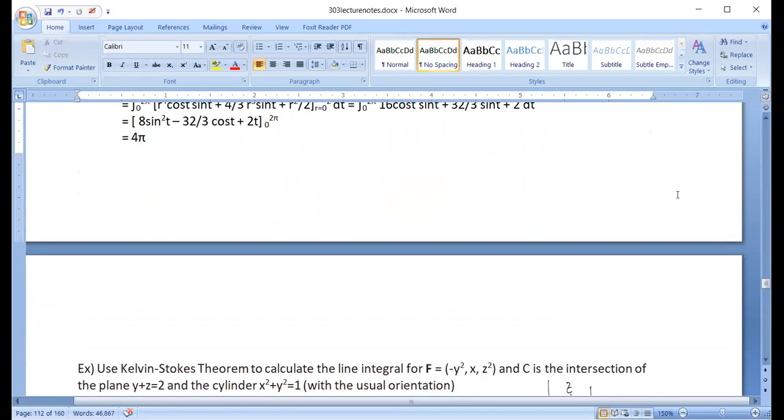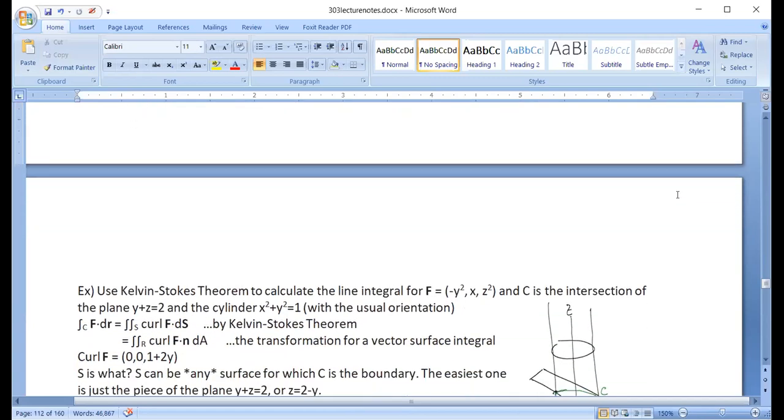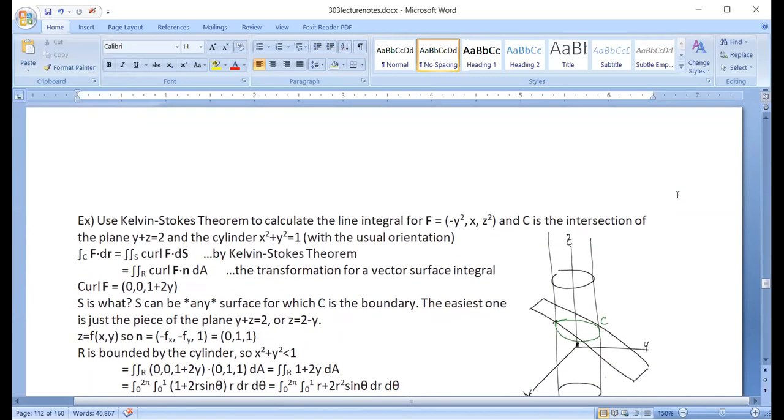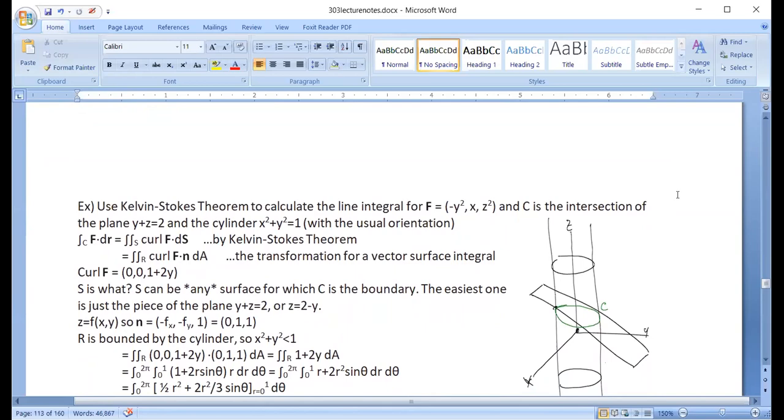Notice that we've got a plane that's tilted at an angle intersecting with a cylinder. Let's only focus on the graph for a second. When a plane intersects with a cylinder, if the plane is flat, obviously we get a circle.